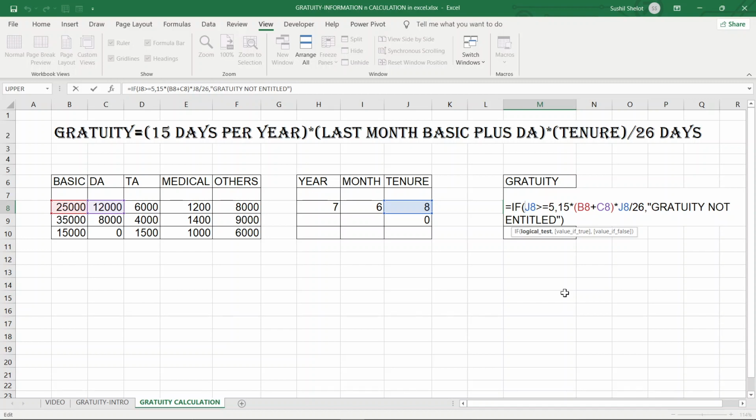If it is true, then as the formula says, 15 multiplied by basic plus DA, that is B8 plus C8, multiplied by J8, J8 happens to be the tenure, divided by 26. So this is the formula I have applied. And if the value turns out to be untrue, that is false, then what? Then the person is not entitled for gratuity and it should return the value as gratuity not entitled. This is what the formula says. I hope you have been clear about this.